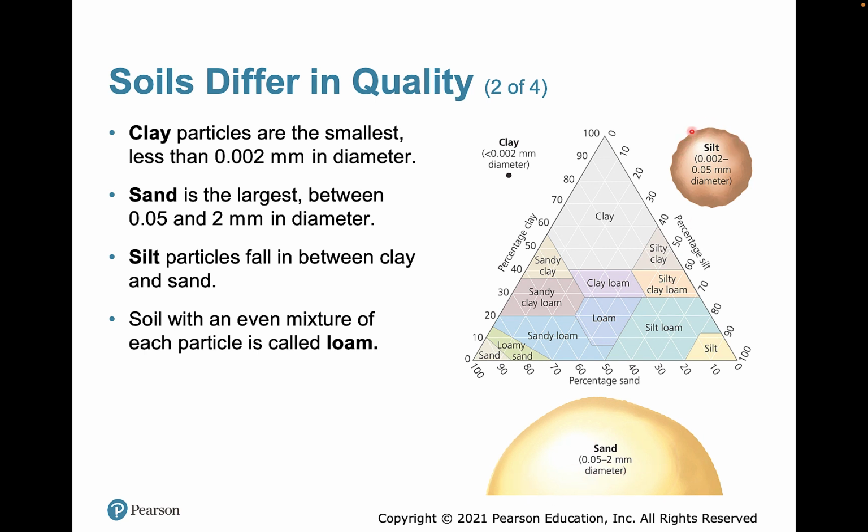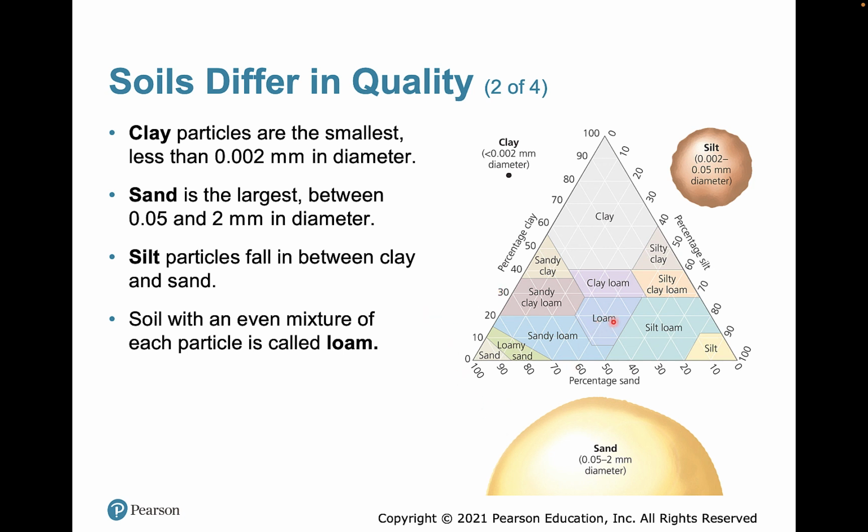The next smallest size is silt, 0.002 to 0.05 of a millimeter in diameter, really small. And then anything that's less than 0.002 of a millimeter in diameter is called clay. So sand, silt, and clay, from biggest to smallest.